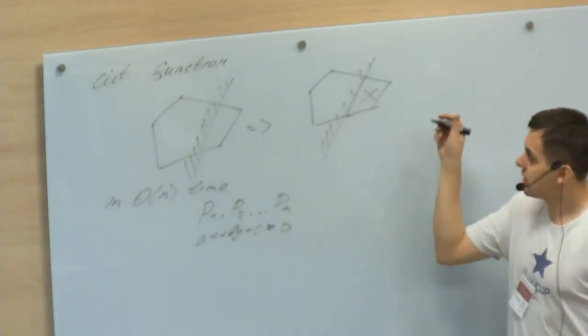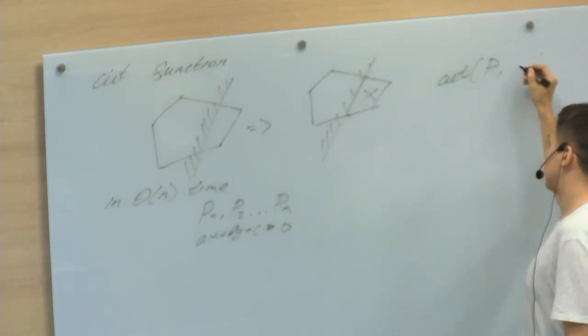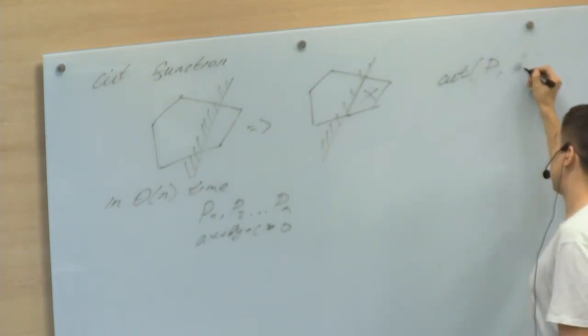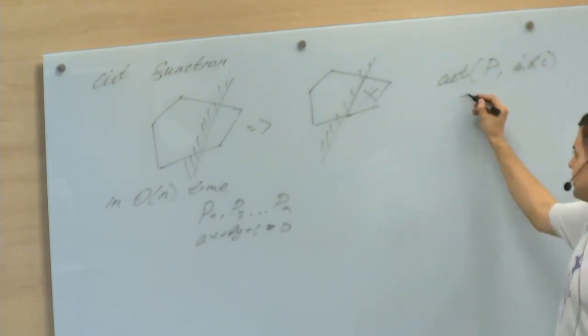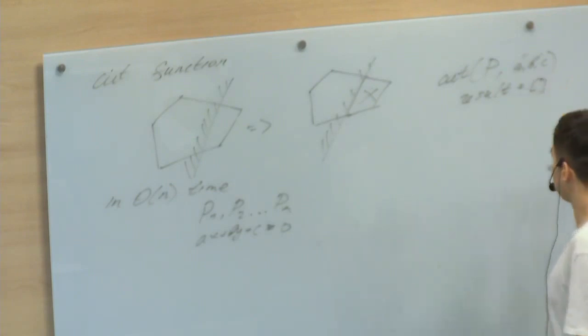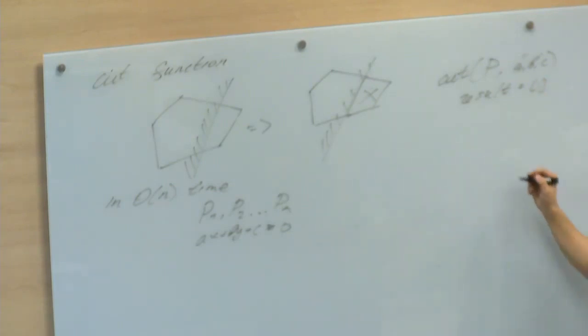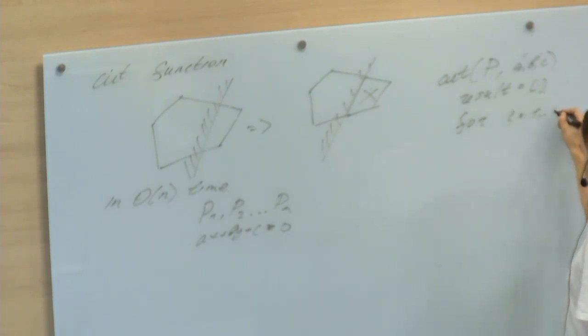And this function is really simple. So P and line, let's say A, B, C. We'll have the result, initially empty. We'll iterate over all points i from 1 to n, or from 0 to n minus 1, doesn't matter.